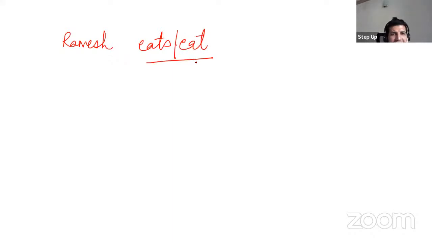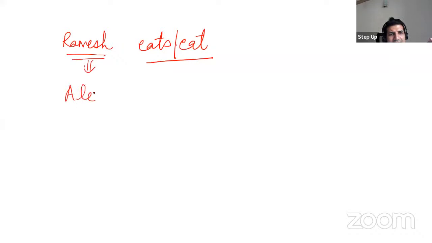For example, if I say Ramesh eats or Ramesh eat. Eats, right? Why? Because Ramesh is a single person.